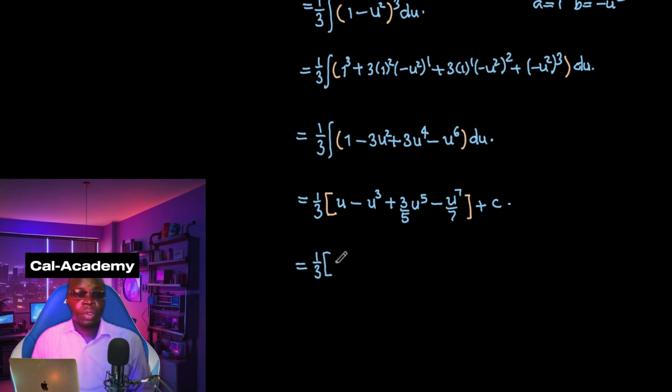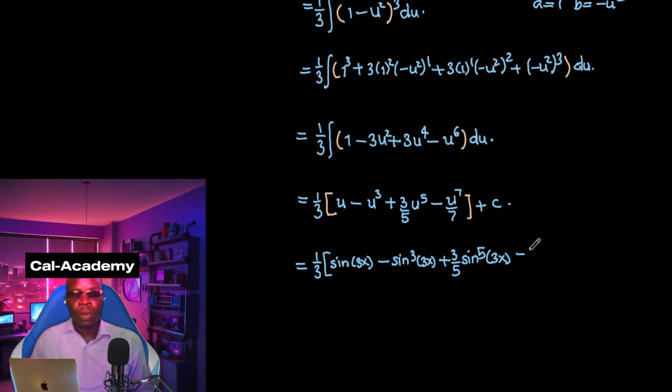So let's replace our u with sine 3x here. So sine 3x minus also sine, now this time is cube of also 3x. So the next one is 3 over 5 sine to the 5th power of 3x.